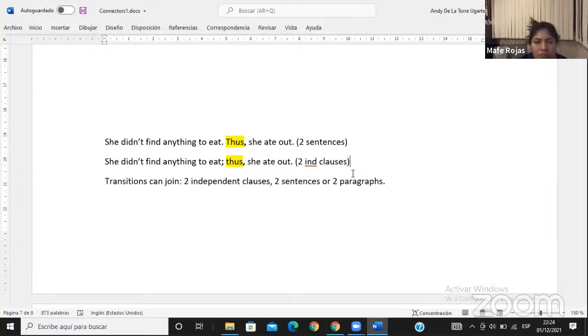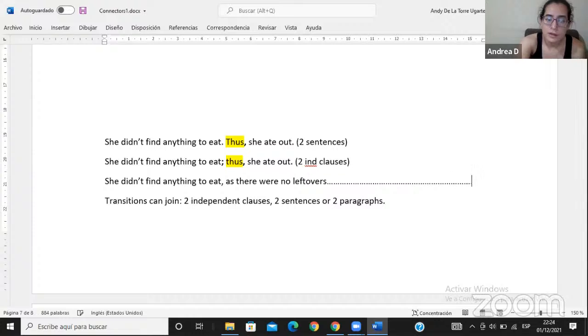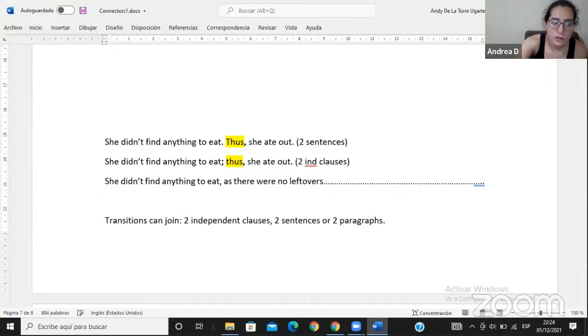Or you can separate two paragraphs, right? You have, she didn't find anything to eat, as there was nothing left, there were leftovers, and then you have a long paragraph. And after explaining the whole thing, you have thus she went to. So it can also join two paragraphs.